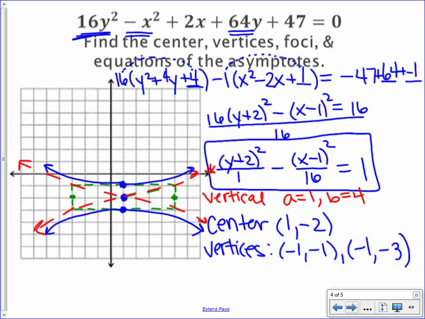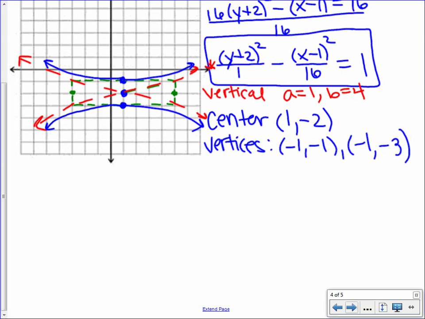Now let's write the equations of those asymptotes. You want to use the center as your point, and you want to count the slope. So I see from center to corner, our slope is up 1, over 4, so our slope is 1/4.